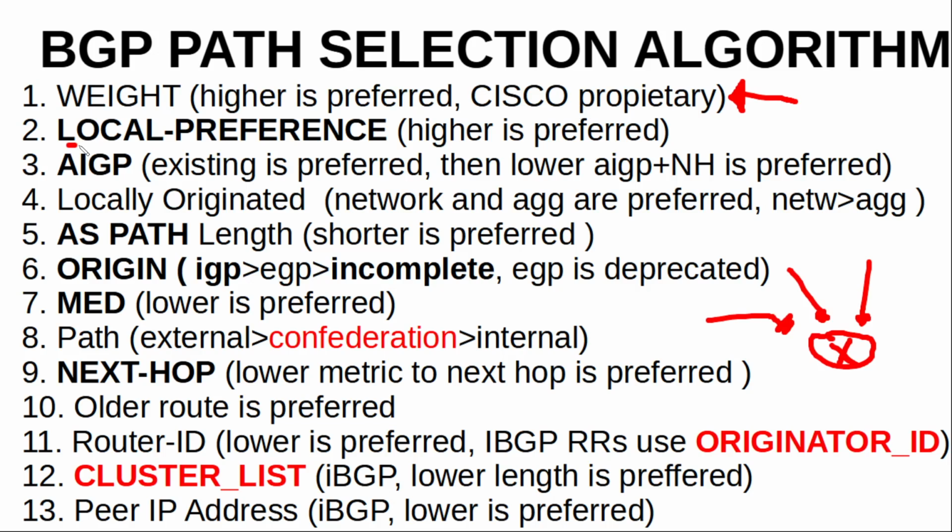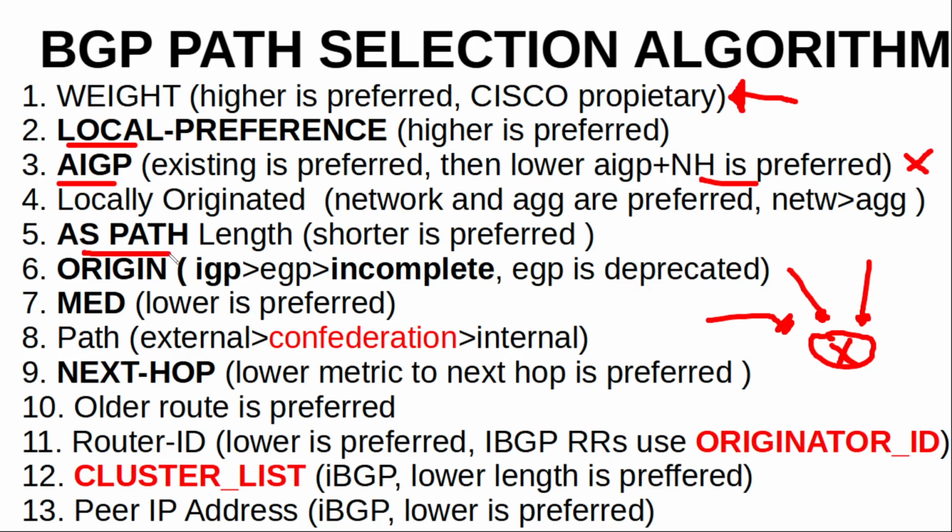Then you're going to evaluate local preference, higher is preferred, AIGP, lower is preferred, although almost nobody uses it. Whether this was locally originated, so we are going to prefer the prefixes that have a local path. For instance, prefixes that we injected through the network command or the aggregation command, or maybe the redistribution command of connected interfaces or static routes.